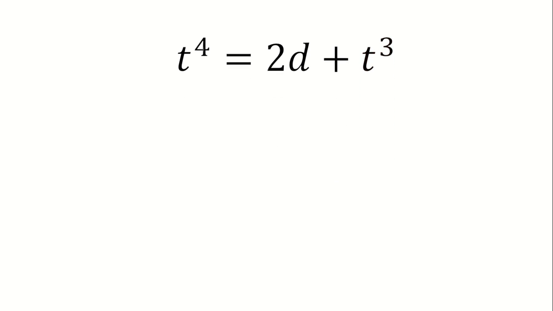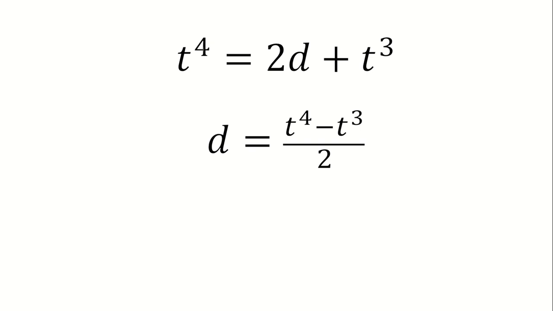The d parameter can be obtained from the t parameter. So d is equal to (t to the power of 4 minus t to the power of 3) divided by 2. We can take t as an arbitrary number here, but t should be an integer. And this is the parametric solution of this equation.